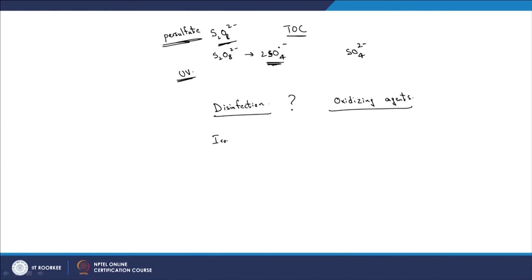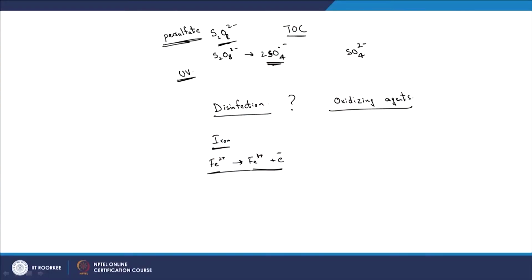We want to remove iron. Let's say what's the relevant reaction? Fe2+ goes to Fe3+, right? This is the relevant half reaction, and from our aqueous complex chemistry and the precipitation and dissolution chemistry, we know that Fe2+ stays as Fe2+ and is relatively more soluble, but Fe3+, as you know, either forms complexes or mostly precipitates out at most pH, right?